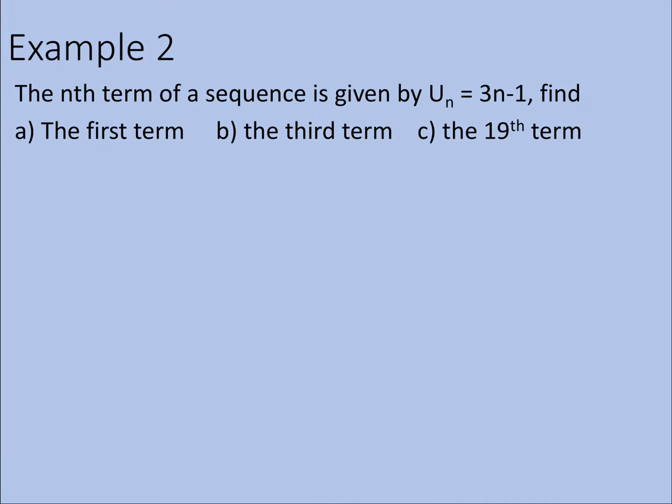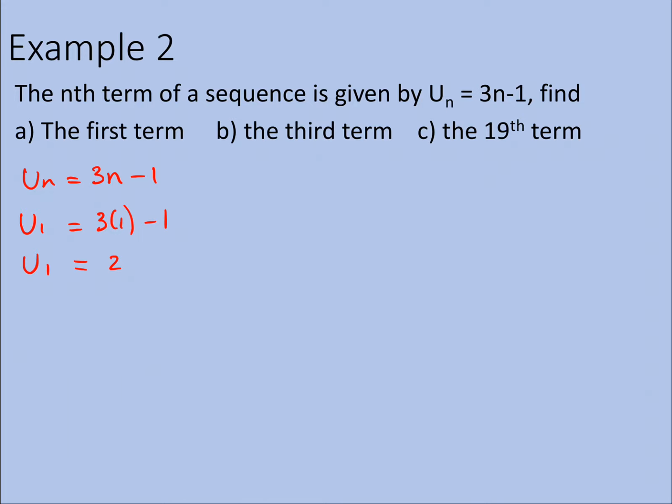Example 2. Find the nth term of a sequence which is given by un equals 3n minus 1. Find the first term, third term, and the 19th term. Okay, so we've got that un equals 3n minus 1. If we want to find the first term, that's u1, all we've got to do is sub in that n is 1. So that's 3 times 1, and then subtract 1, giving us an answer of 2.